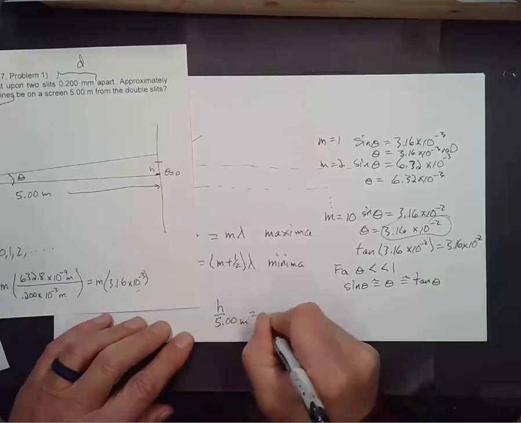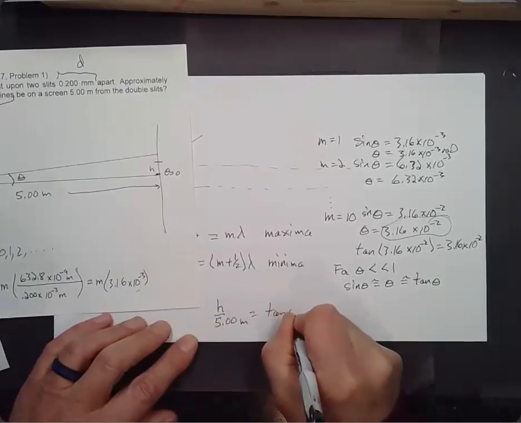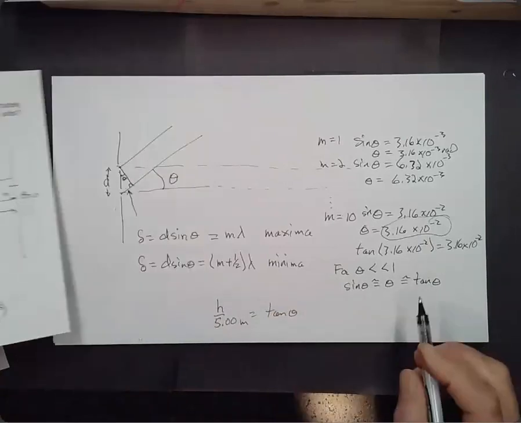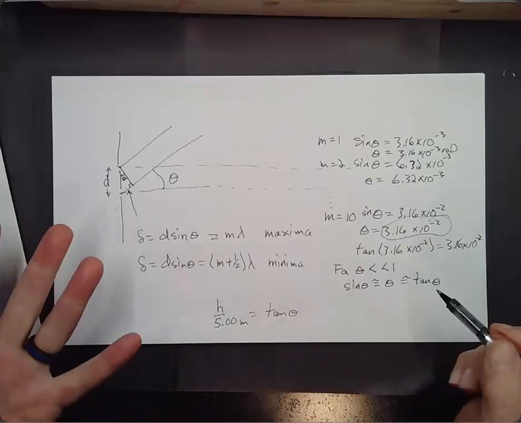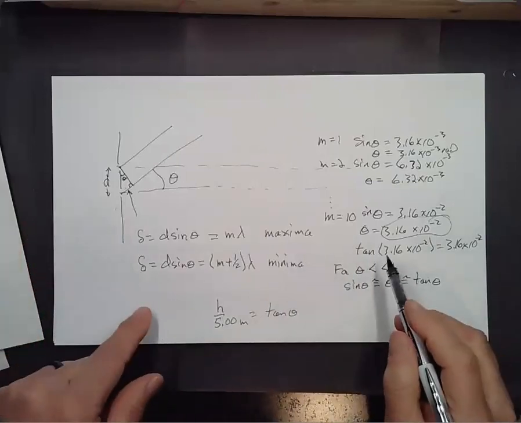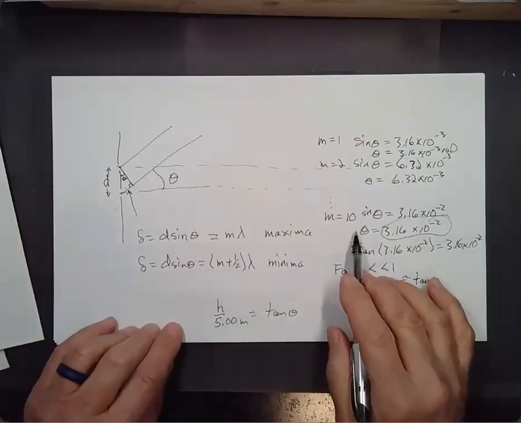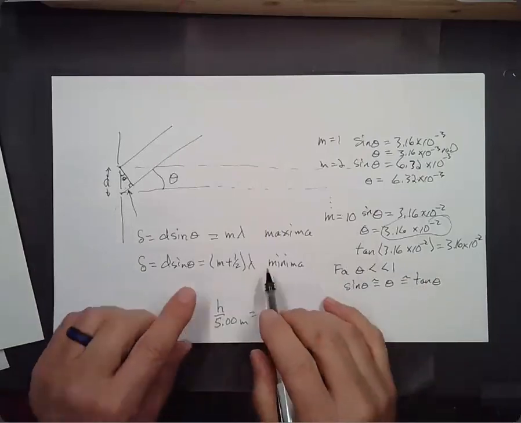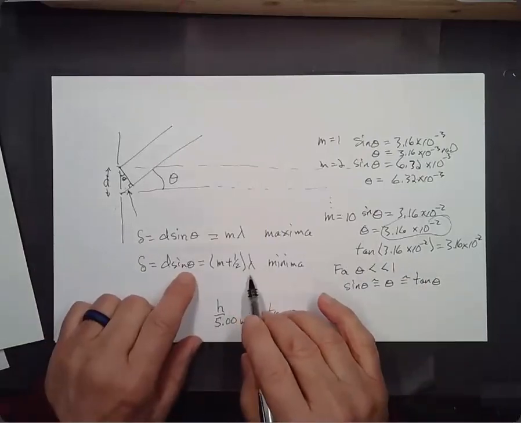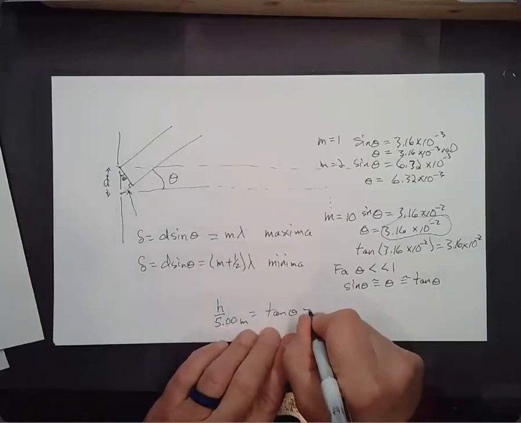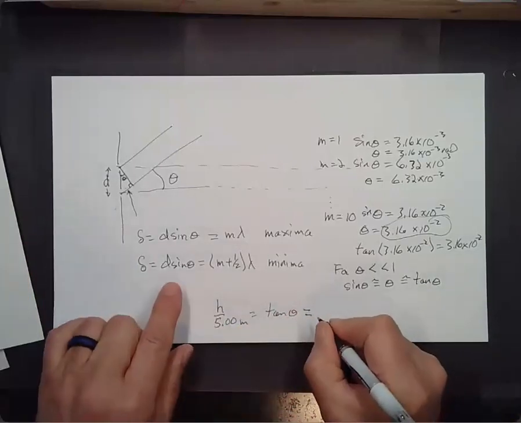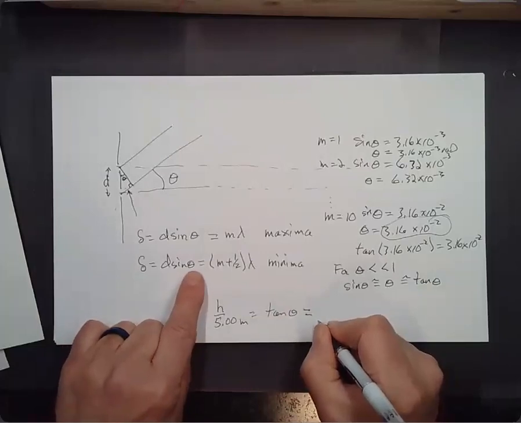And these are the angles. So I can replace the tangent of theta with the sine of theta, and the sine of theta is equal to wherever it went. Oh, yeah. I can replace that with, let's see.